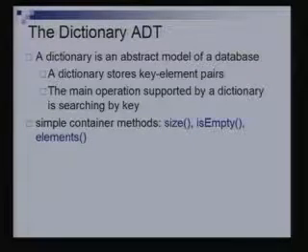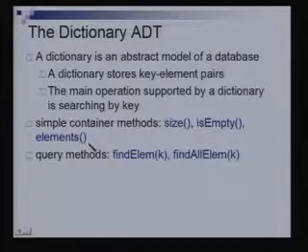What are the kinds of methods that we have in a dictionary abstract data type? There are the standard container methods that we have seen for queues and stacks and so on. One is size, which tells us how many elements are there in the dictionary; isEmpty, whether the dictionary is empty or not; and elements, which returns to us all the elements that are there in the dictionary.